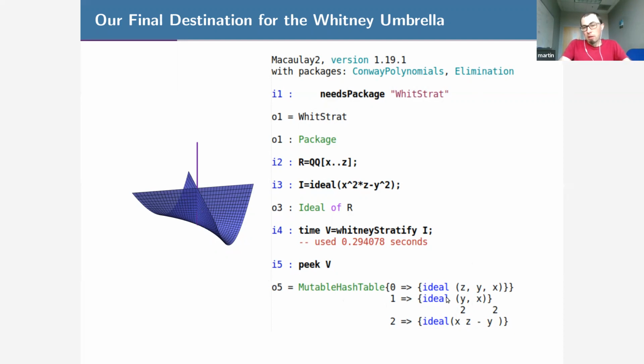The one-dimensional one is X equals Y equals 0, that's just the Z axis, the purple handle. And the zero-dimensional one is just the origin. Then the actual strata, the two-dimensional thing, will be the umbrella minus the handle. The one-dimensional strata will be the handle minus the origin. And the zero strata is just the origin.